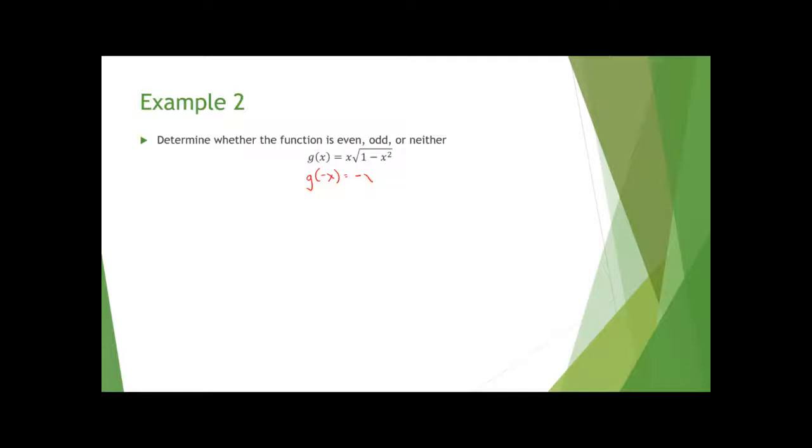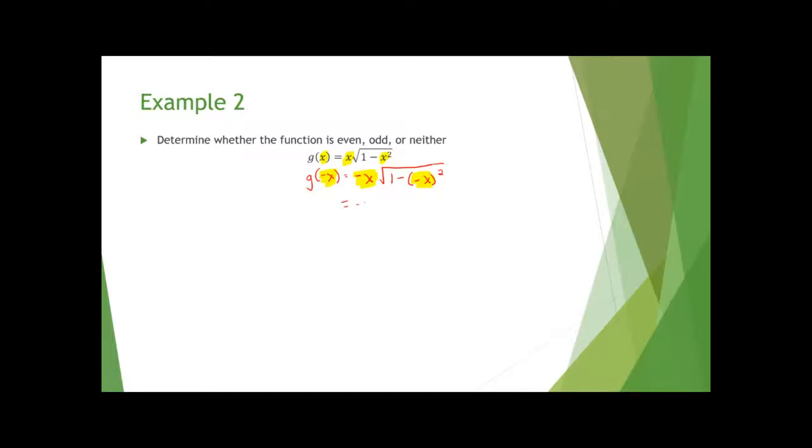So instead of x, I have -x, and then my square root of 1 minus (-x) squared. This is how you test whether it's going to be even, odd, or neither. Everywhere I'm seeing my x, I need to replace that with a negative version of it. And then you're going to simplify the right side and see what happens.